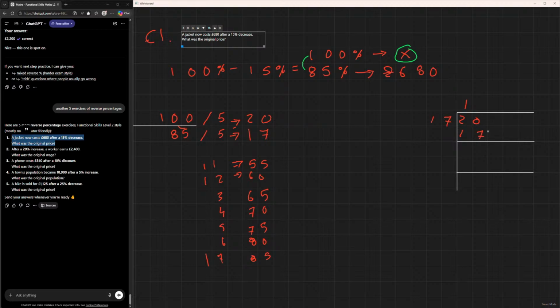Okay. So that's 3. I need to put a 0, and then what? Is 1 time. So we weren't wrong before. 17.